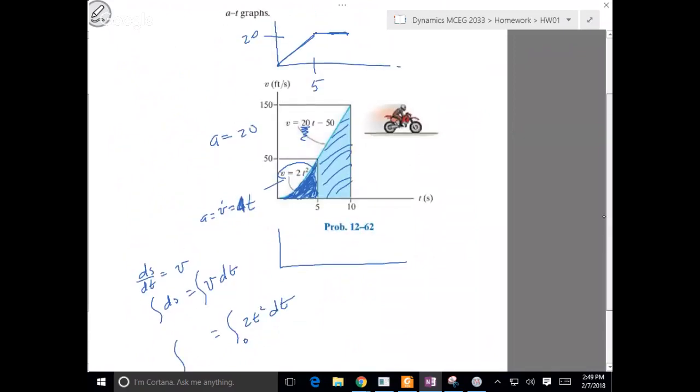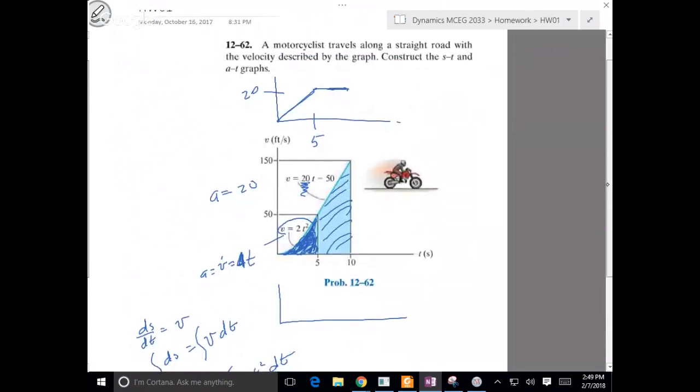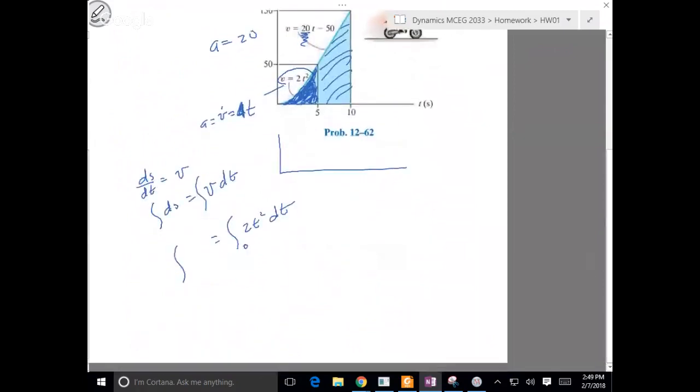he doesn't describe this. Well, I guess it's okay. So let's assume s at t equal to 0 is equal to 0.